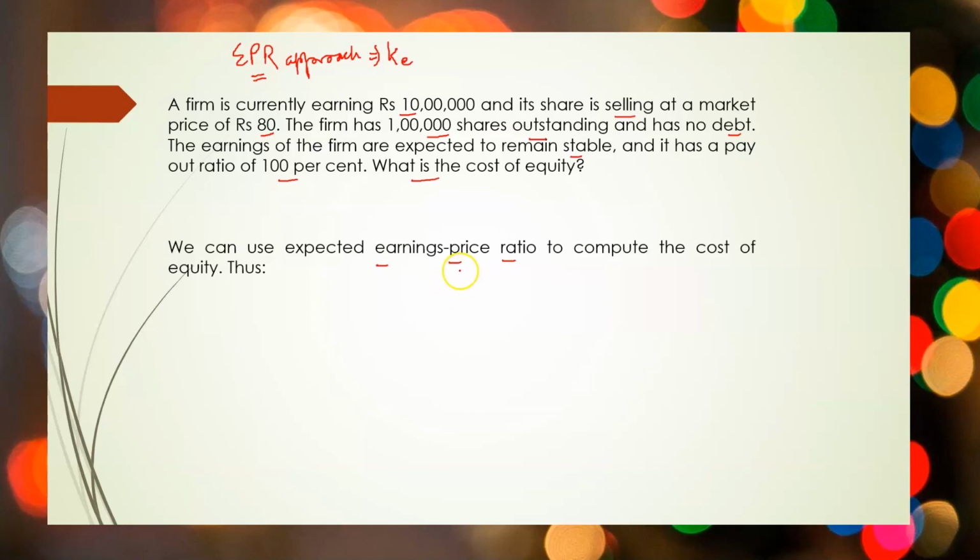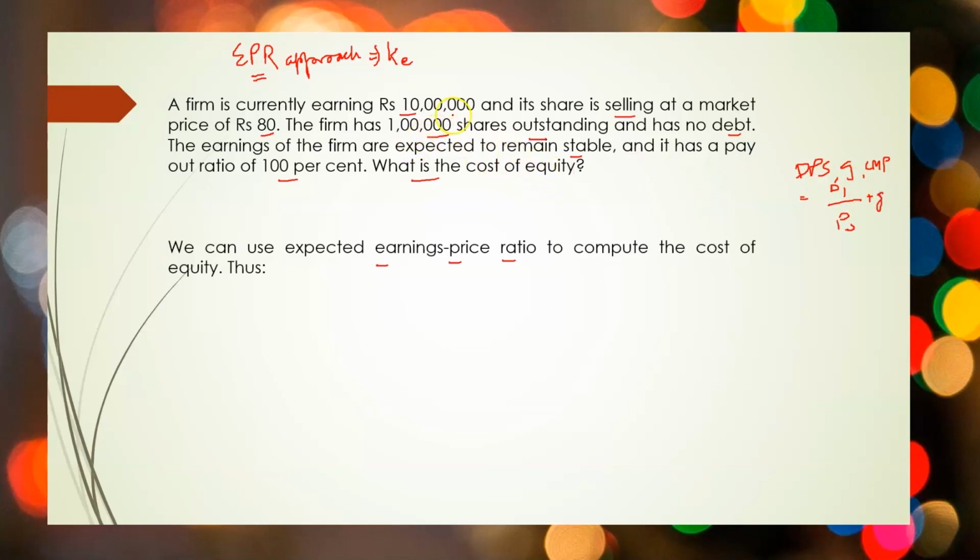Depending upon the information, you should select the method. When the DPS, that is the dividend per share, is given, and the growth rate is given, current market price is given, you have to use the dividend approach, that is D1 by P0 plus G.